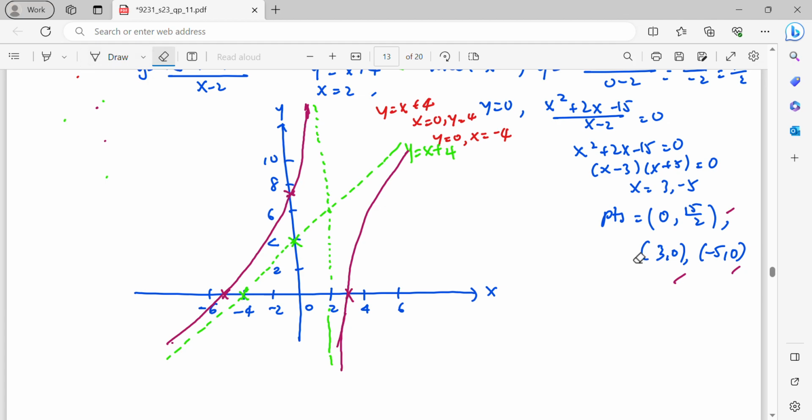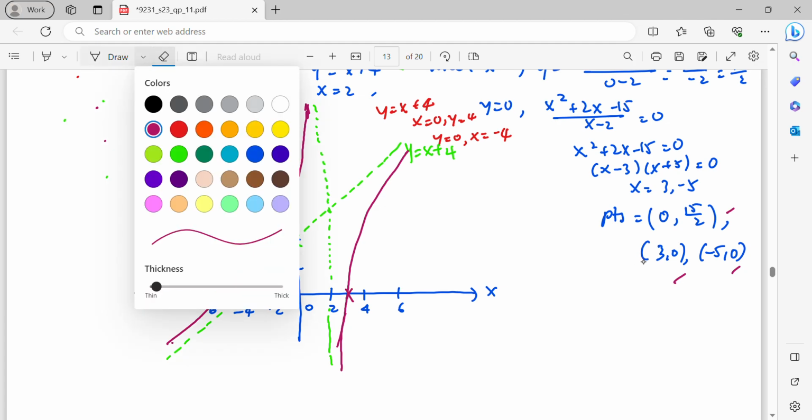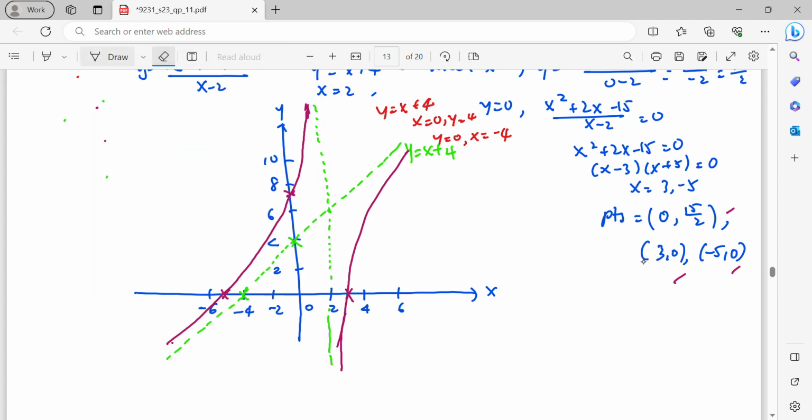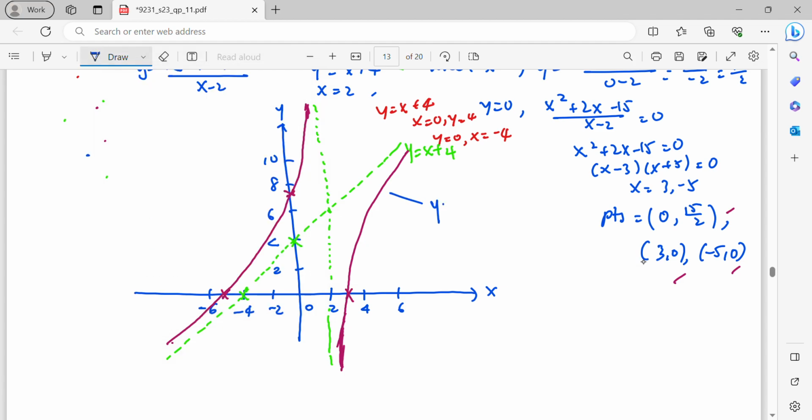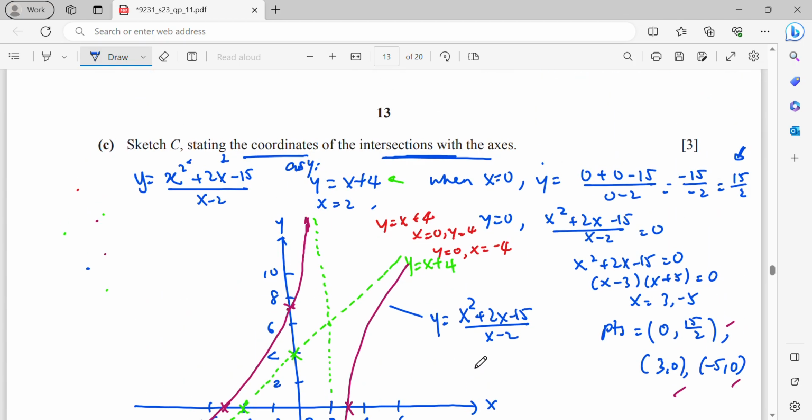Alright, so this is going to be my C. Okay, so I will label this as y equals x squared plus 2x minus 15 over x minus 2. So the curve is done.